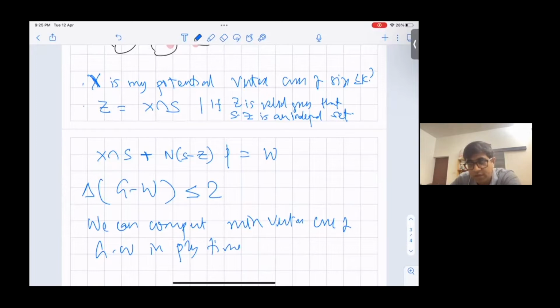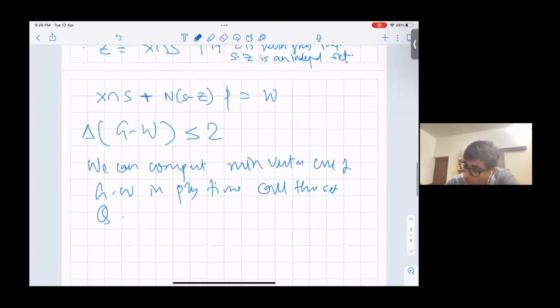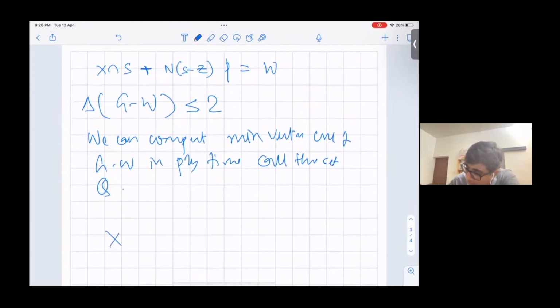Is that fine? Call this set Q. So what am I going to return? I'm going to return X intersection S, plus the neighborhood of S minus Z, plus W.